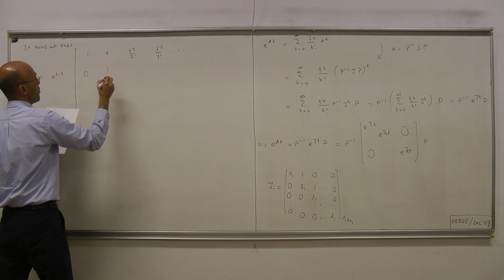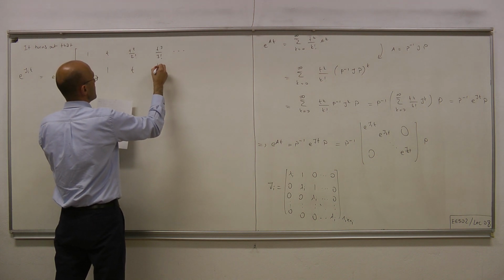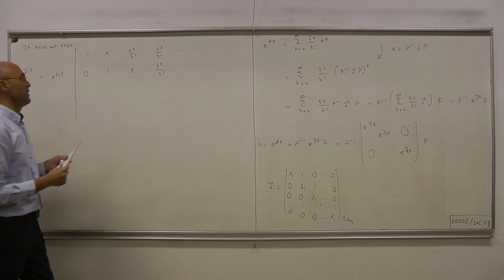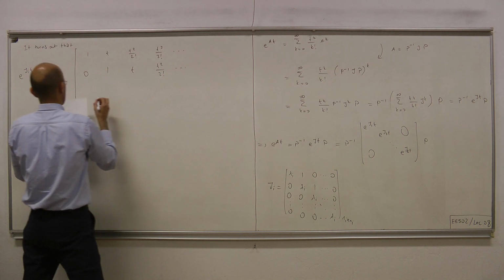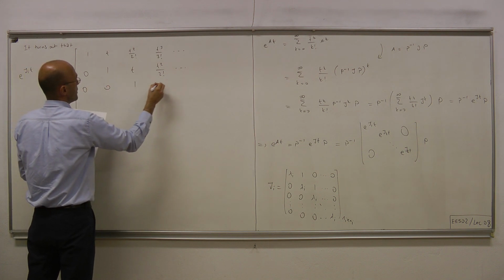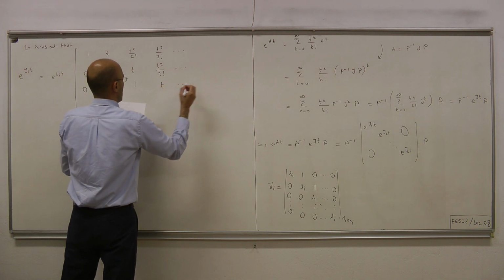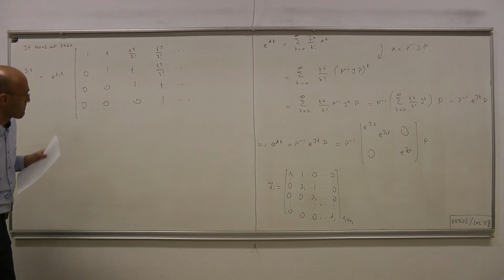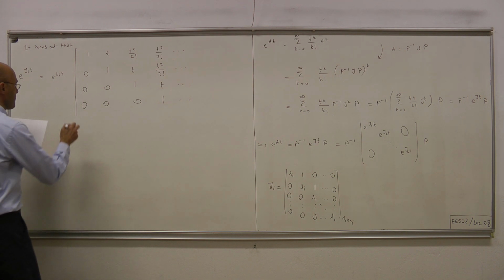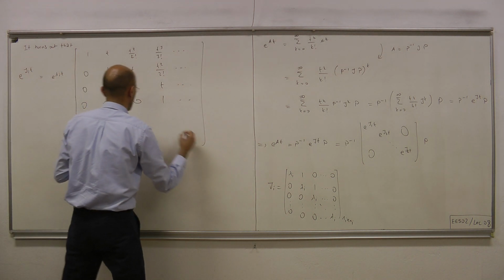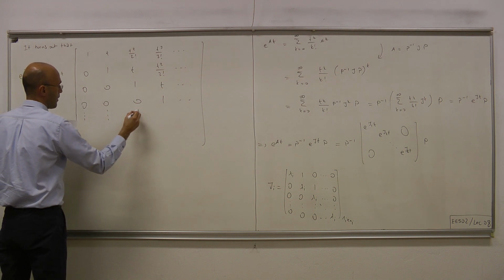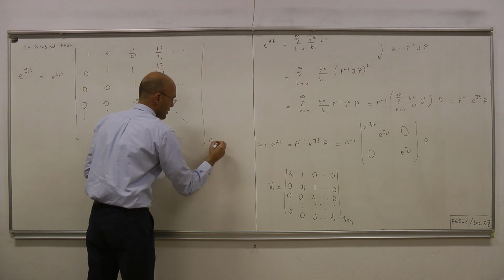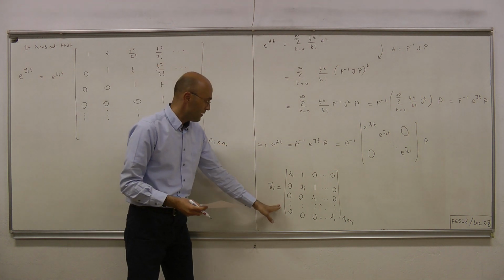Then we have 0, 1, t, t squared over 2 factors. So everything is shifted one unit to the right, and so on. Then 0, 0, 1, t, and 0, 0, 0, 1, and so on. This, of course, is of the same size as Ji.